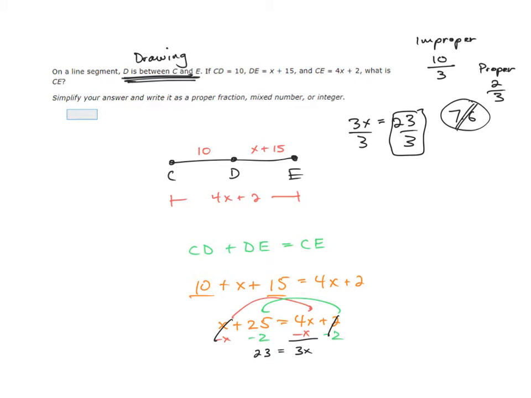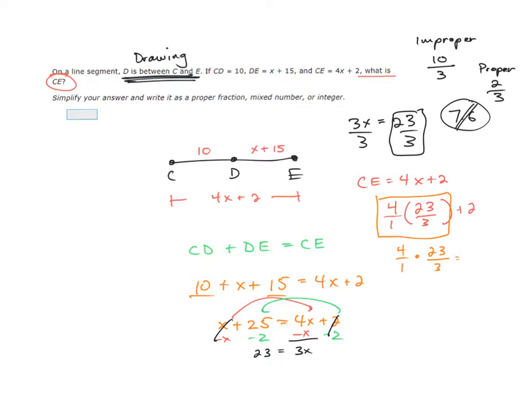Now, they want us to look at CE, right? We're over here. What is CE? CE, we know, is 4x plus 2. We know our x is 23 over 3, plus 2. So first thing we have to do is multiply 4 over 1 times 23 over 3.